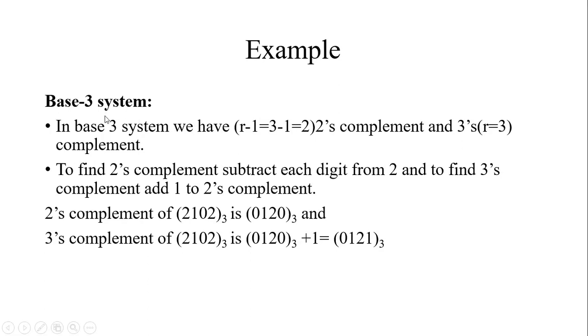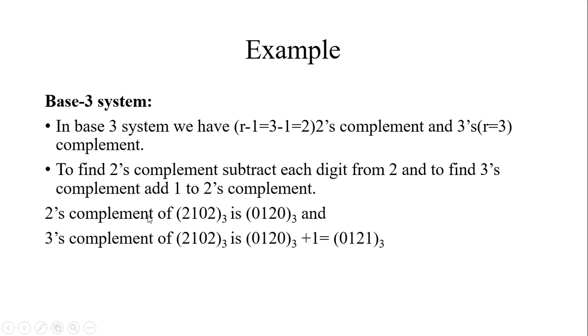Base 3 number system. In base 3 system, r minus 1 is equal to 3 minus 1, 2. 2's complement is the diminished radix complement, and 3's complement is the radix complement. To find 2's complement, subtract each digit from 2, and to find 3's complement, add 1 to 2's complement of a base 3 number.